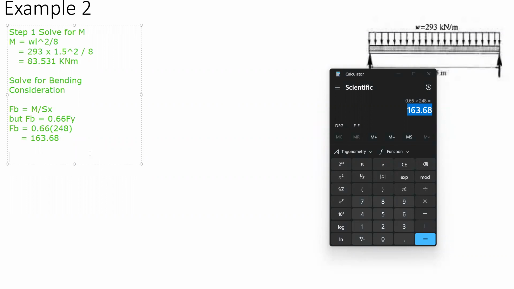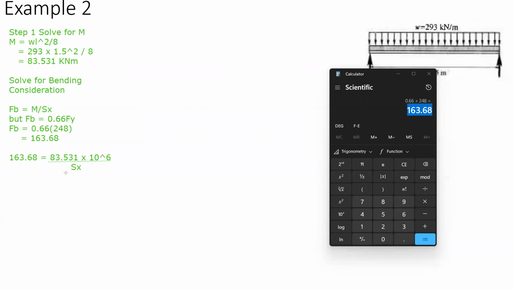And let's plug that into our formula. This is 163.68 equal to 83.531 times 10 raised to 6. This is your M over Sx. So you will solve the value of Sx required here.